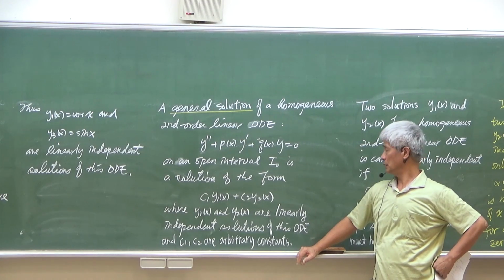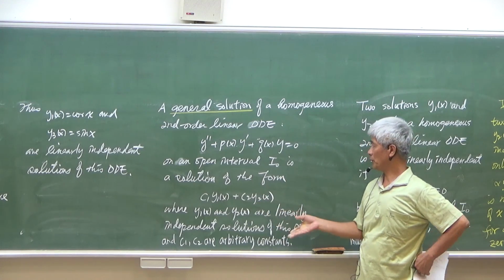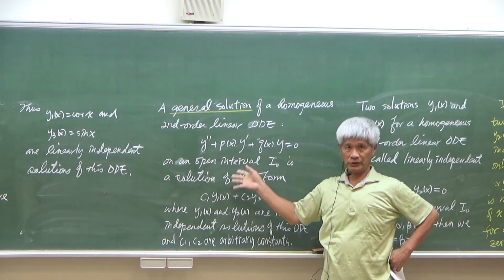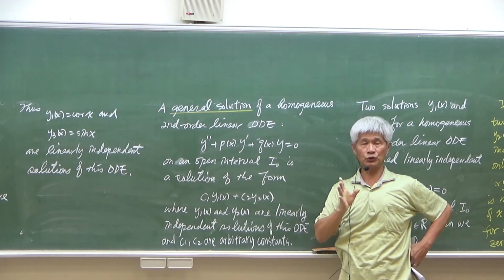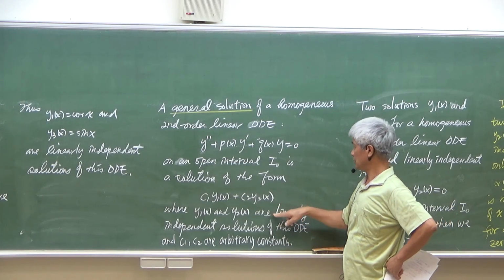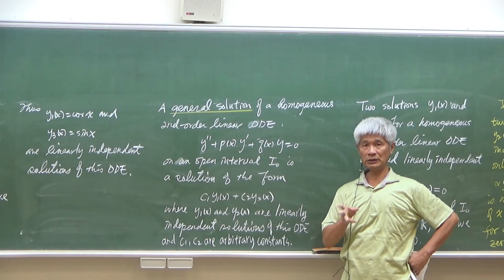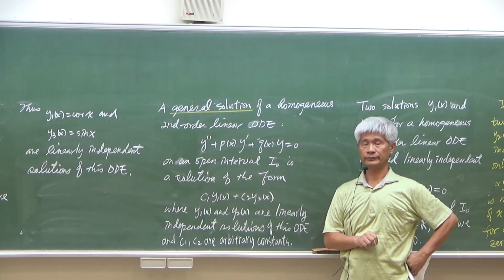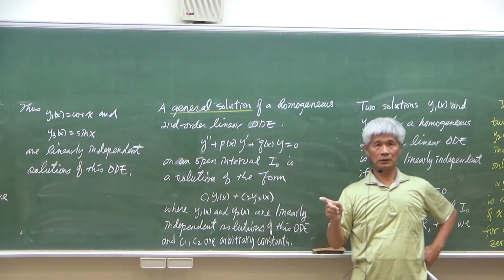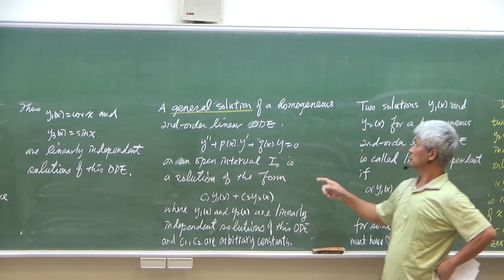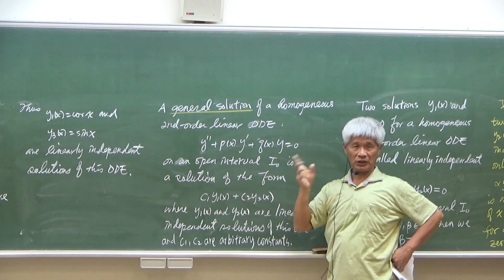So from this definition, to find a general solution for a homogeneous second-order linear ODE, you have to find two linearly independent solutions. Later on, we will show that a homogeneous second-order linear ODE must have a general solution.